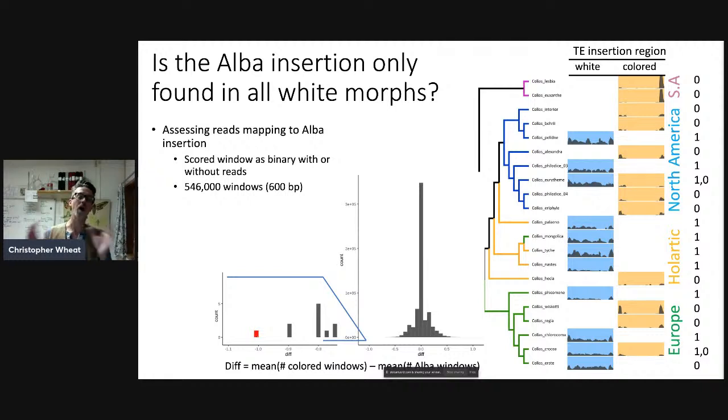So genome-wide, for all these species, it's a unique content directly associated with the Alba phenotype. And so that's how we extend this Alba unique region from our 2 species to the whole phylogeny that we have here. Does that make sense?